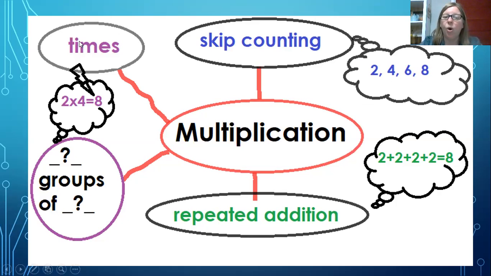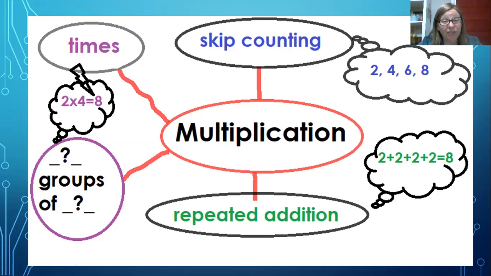Times. Or you can think of multiplication in a similar way as groups of. Now look at the cloud between those two ideas and you can think of the same thing. 2 times 4, or 4 groups of 2, is 8.